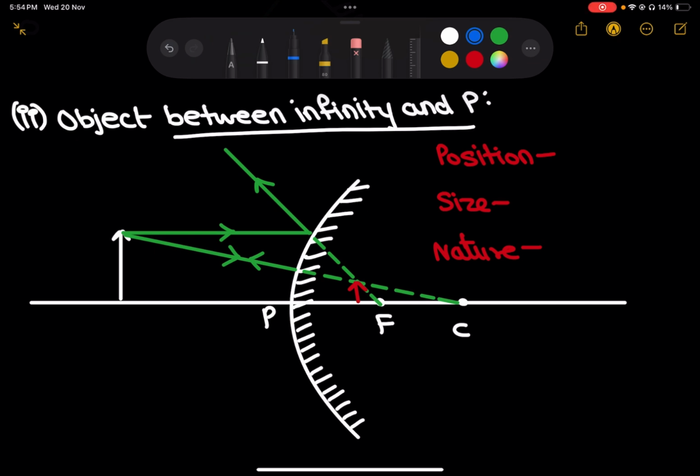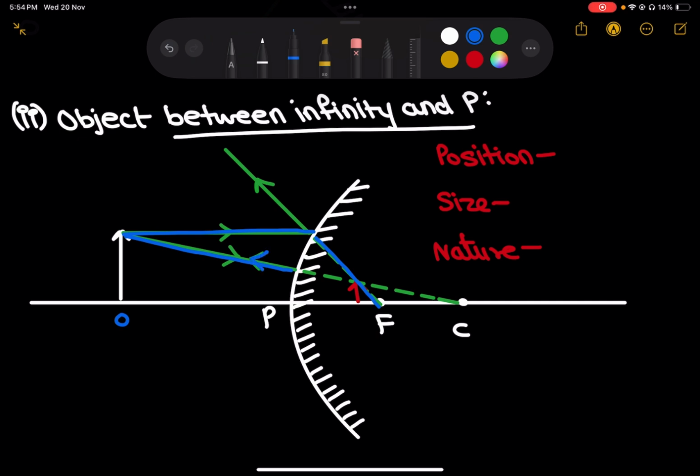So hence the second case will only remain that the object is between infinity and P. So here the object is kept at this position, and the first ray is thrown parallel to the principal axis. It gets diverged from the focus, right? And the second ray is thrown at the center of curvature. And we have studied in the third rule for ray diagrams that when it is directed towards the center of curvature, the ray will retrace its path back, right?